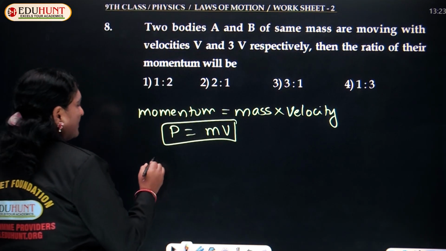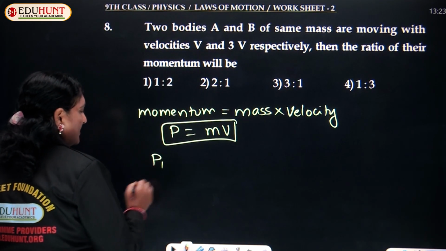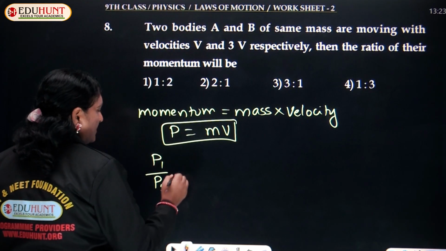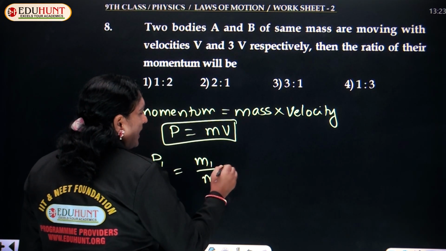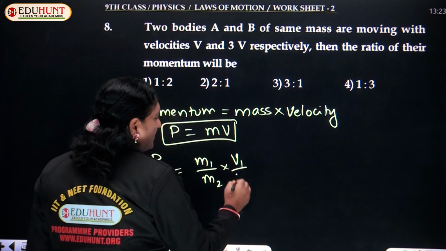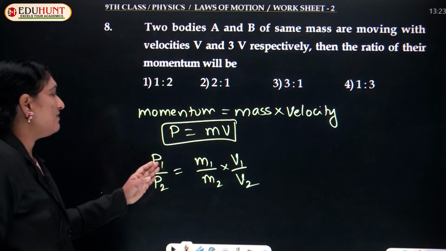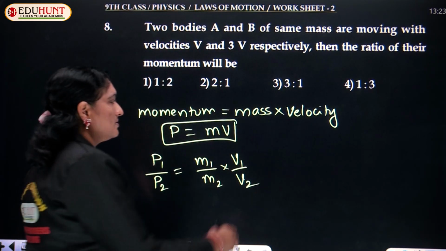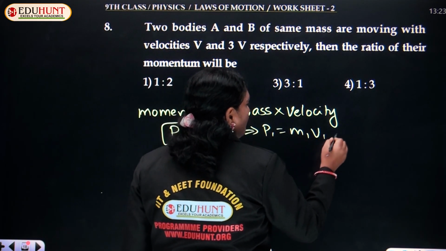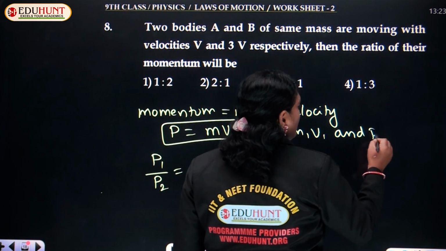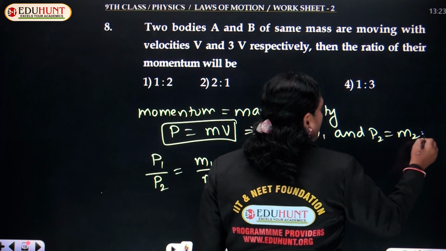So for the ratio of their momentum, let us indicate the first momentum with the letter P1 and the next momentum P2, then masses M1, M2, and velocities for the first one V1 and V2. So P1 is equal to M1 V1, and P2 is equal to M2 V2.